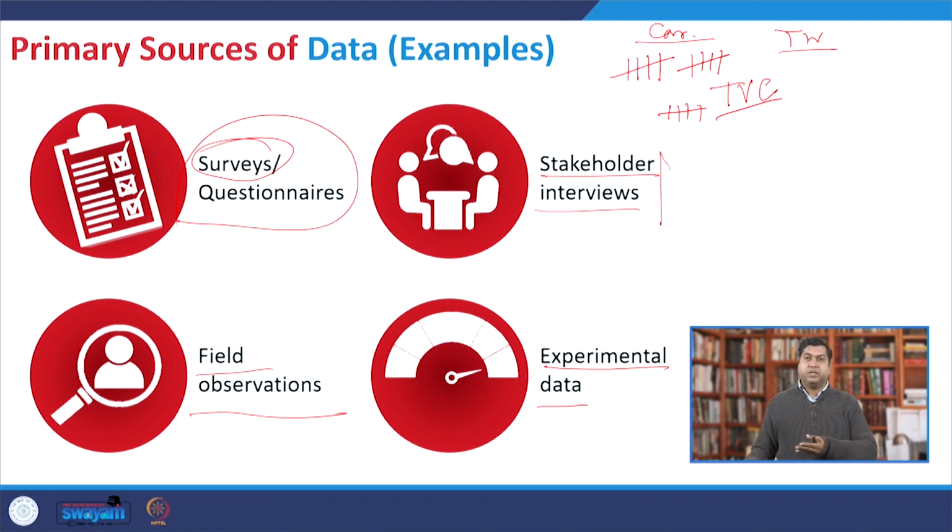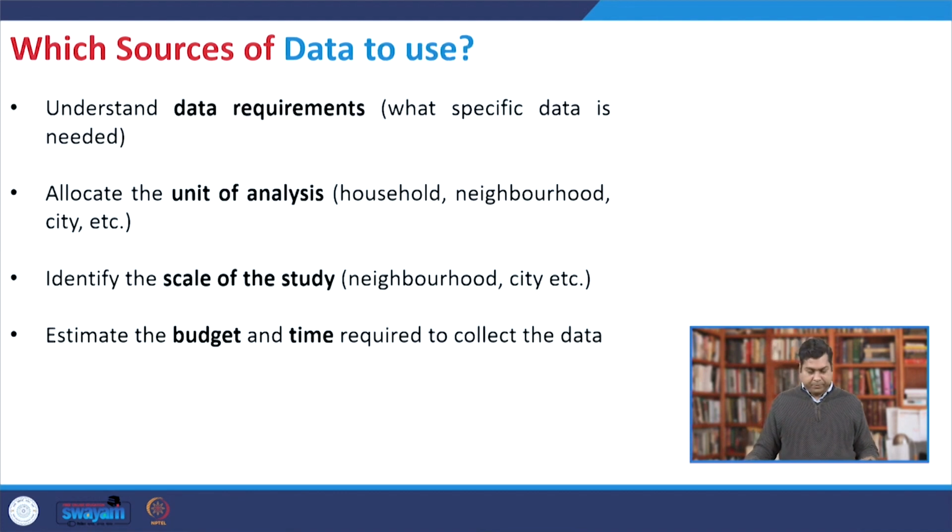So in both cases you give some input, and with the process and the algorithm that you fit into that program, it will give you some sort of output. So these are a few broad ways that help you to collect the primary information.